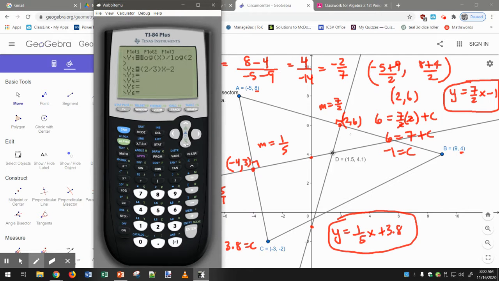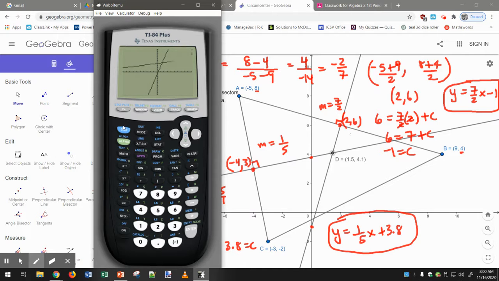And just type in both equations. So y equals 7 over 2 x minus 1, and 1/5 times x plus 3.8. I'm going to say zoom 6 and see where they cross.